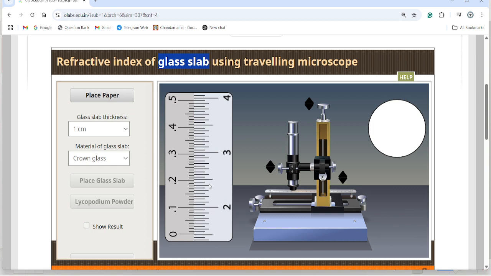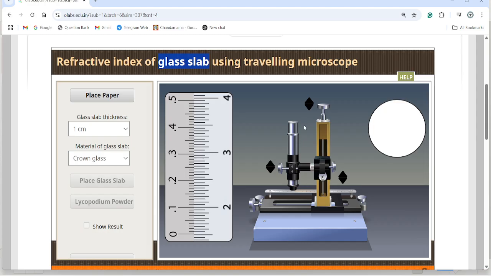So what is this reading now? It is 2.50. What is this reading now? It is 2.90, 2.95, 3.00. Like that we need to understand. I hope you understand this scale arrangement.